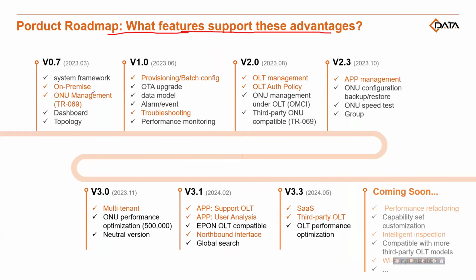It can support TR069 ONU only. But in the second version, we can support OLT management and app management. In the third version, we can support multi-tenant and the northbound interface.